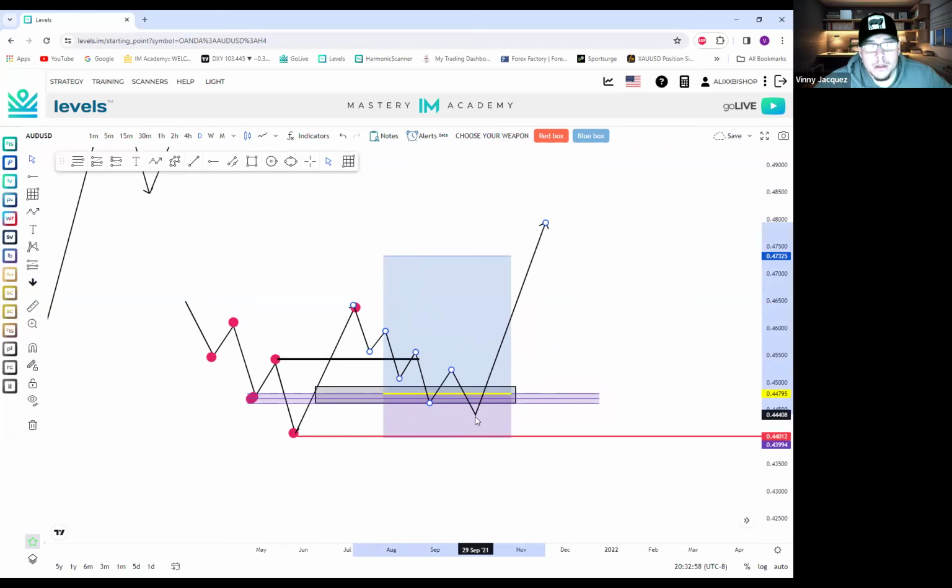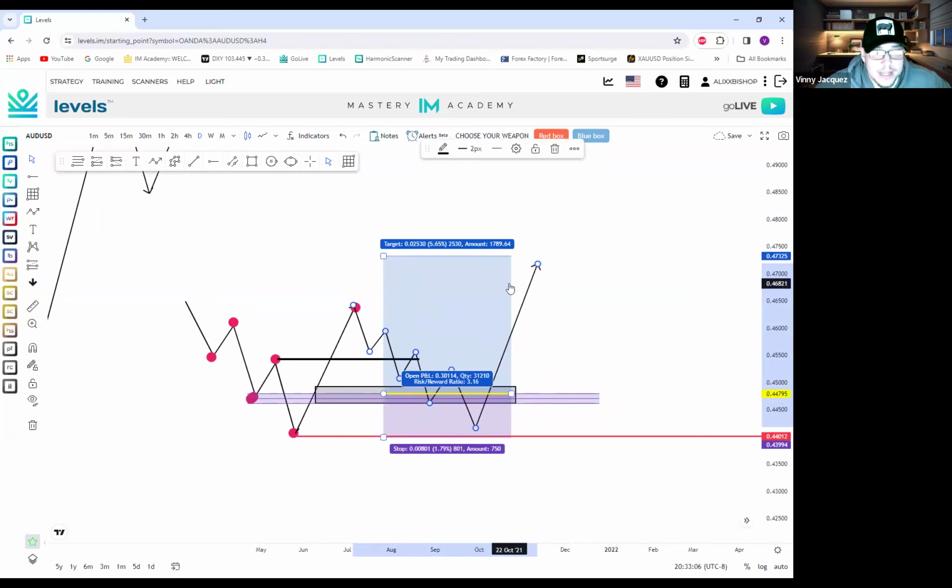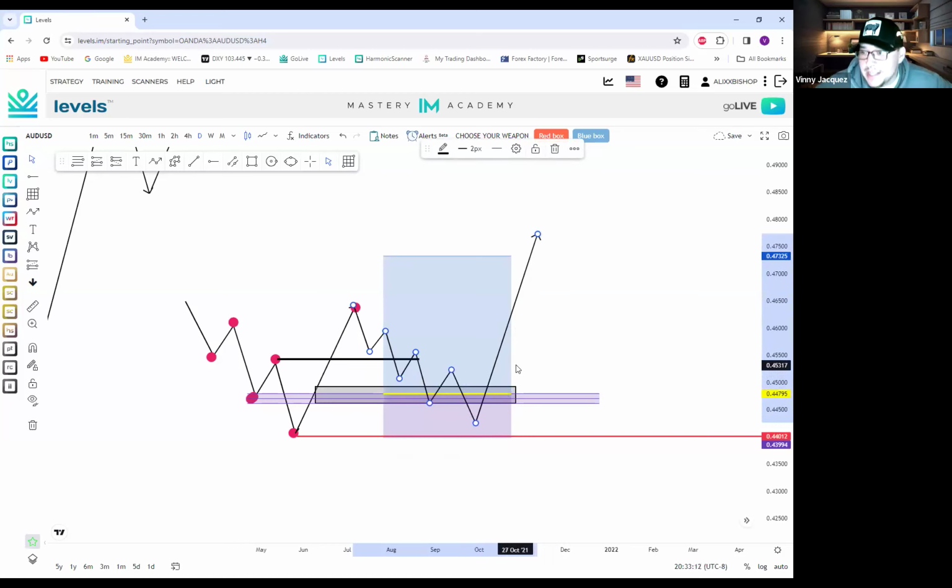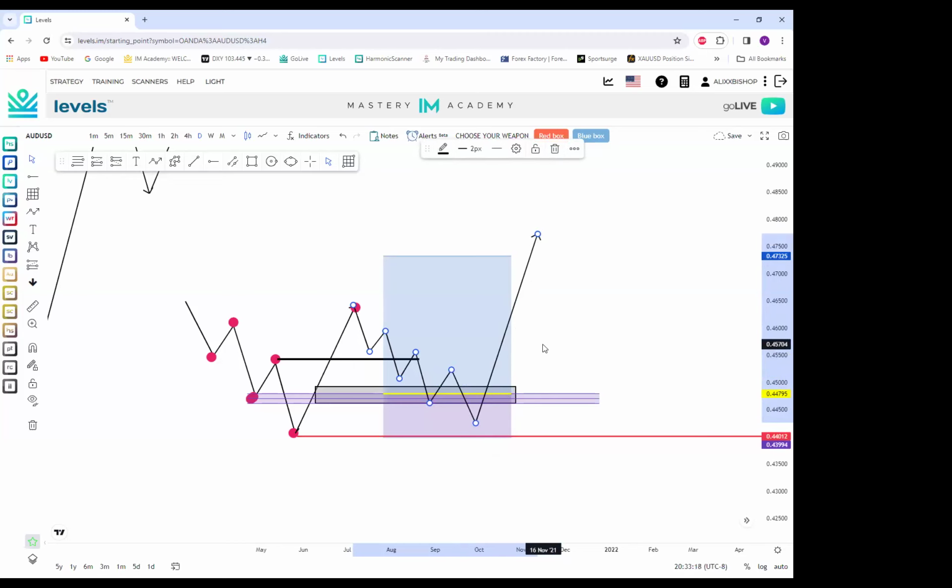It gives you drawdown. Fine, it's okay. You don't exit the trade until the market takes you out, whether it's stop loss or take profit. Does that make sense, Jason? Yeah, it does. Thank you.